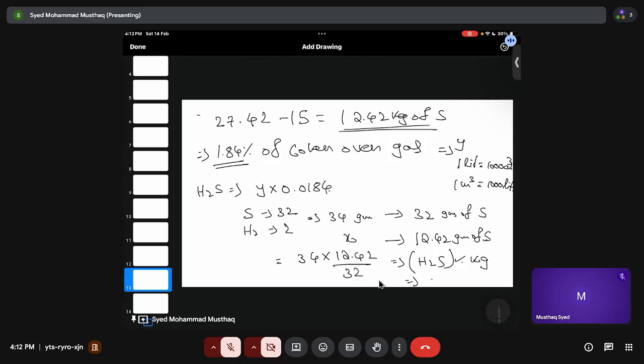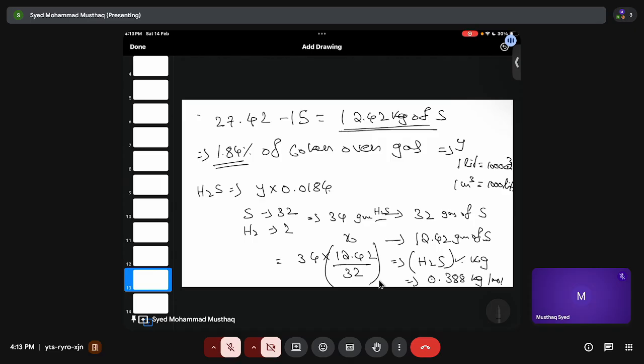34 grams of H2S will give you 32 grams of S, and 12.42 will give you 0.388 kg per mole. Let me calculate. So I have 34 into 12.42 divided by 32.